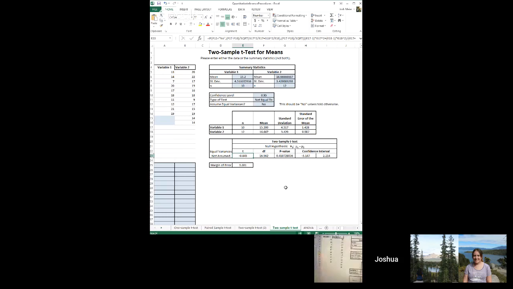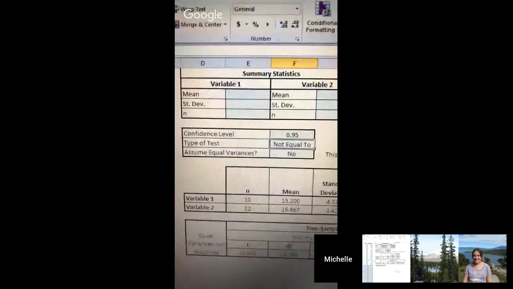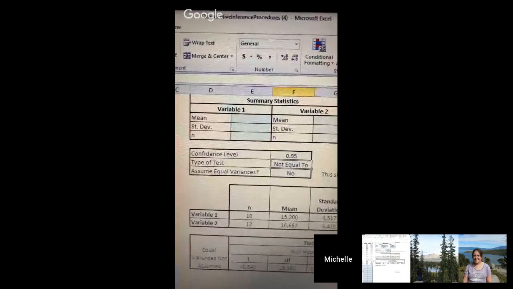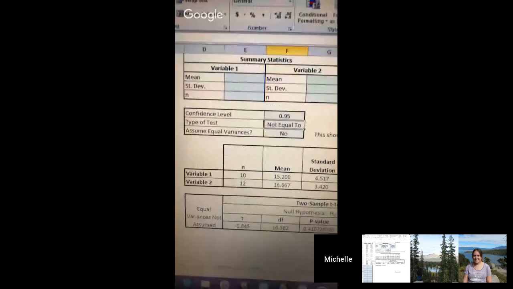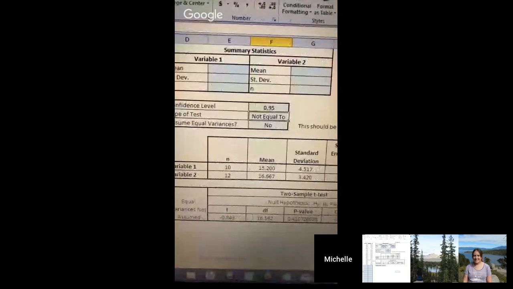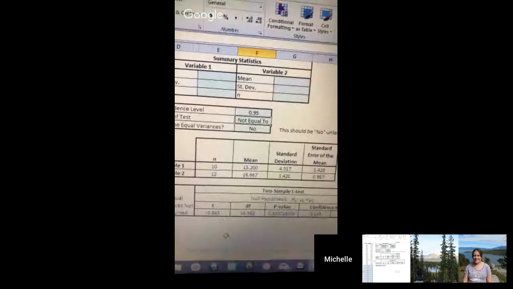This is what mine looks like. Did you delete everything and then put them back in? I deleted the ones that didn't have anything in them. And then over here, this is what I have. Oh, you have negative 0.845 for T. Right.